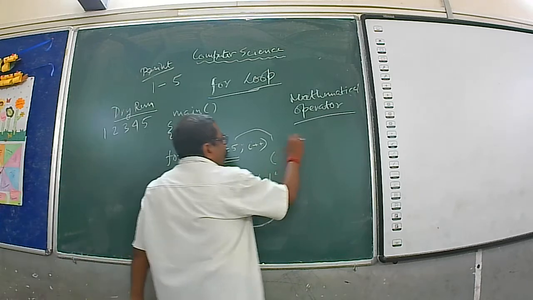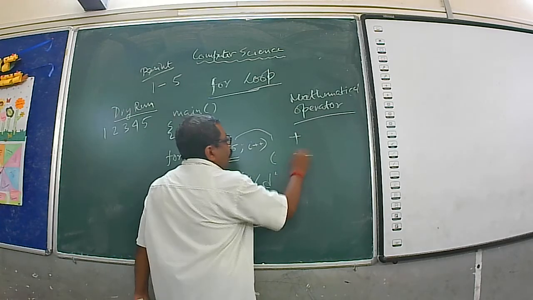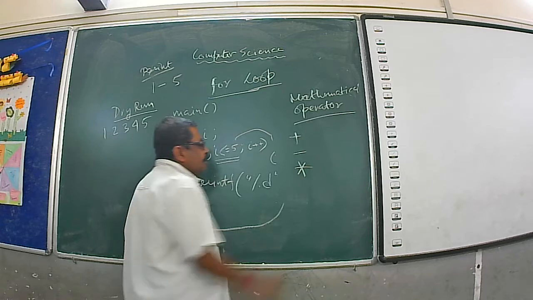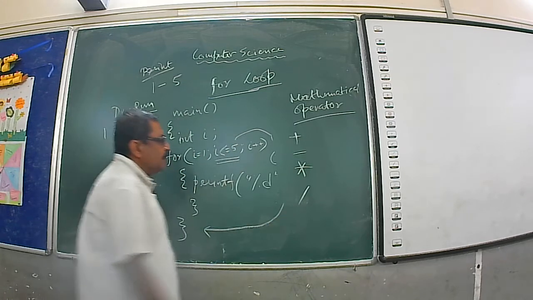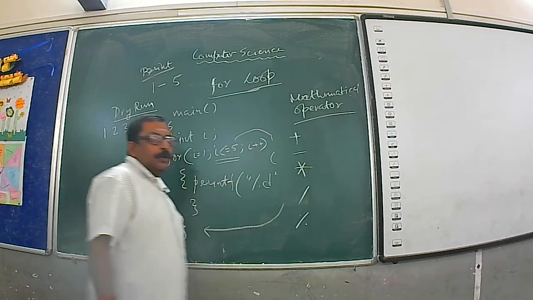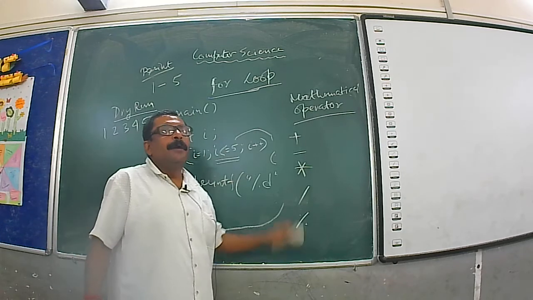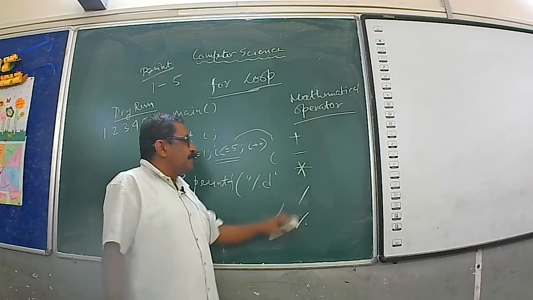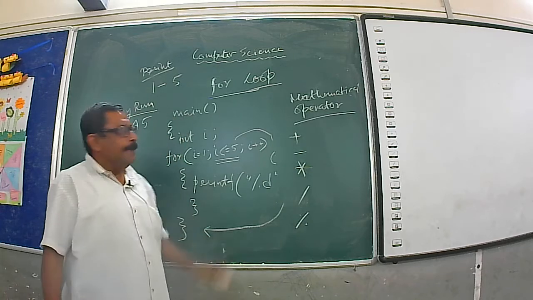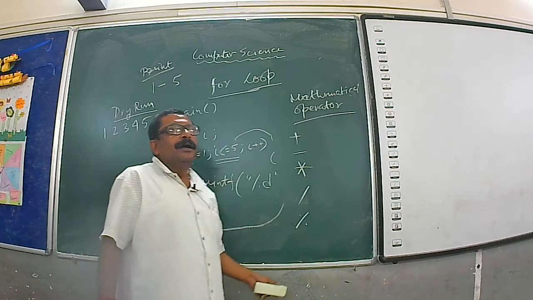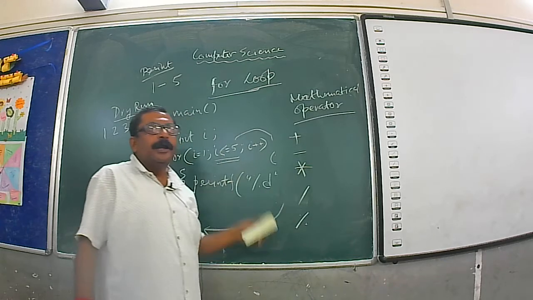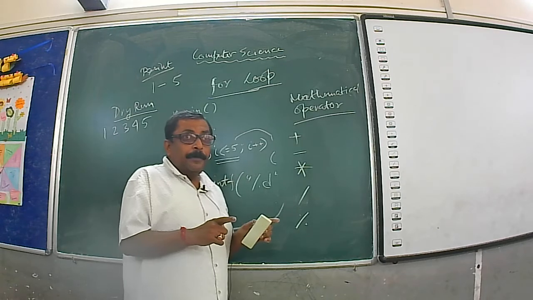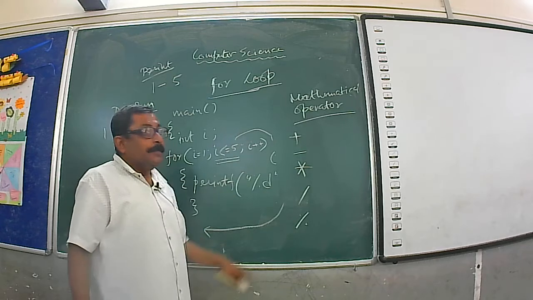Total: plus for addition, minus for subtraction, asterisk for multiplication, front slash for division, percentage for modulus. So these 5 mathematical operators are there. Whatever calculation you want to make, you can use any one of the 5, or all 5 if required. There are a lot of operators in C programming, but today first I am giving the list of mathematical operators.